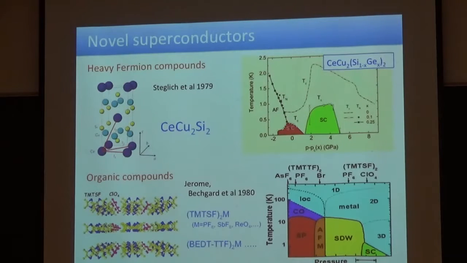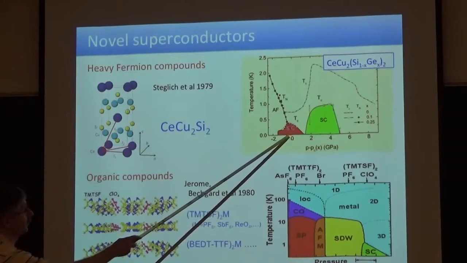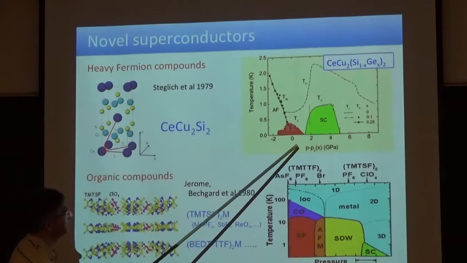I will not go into that. In 1979, Steglich and coworkers found that this material is actually superconducting. And over time, people figured out what the phase diagram of it is. There is antiferromagnetism with a quantum critical point. There is superconductivity here.